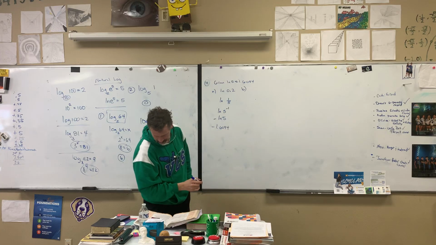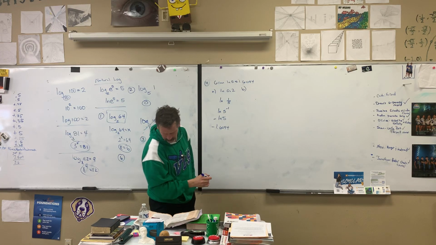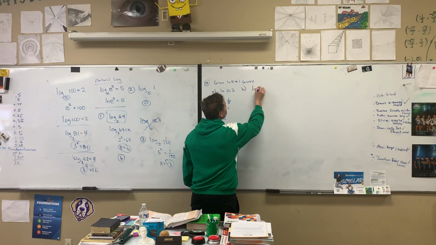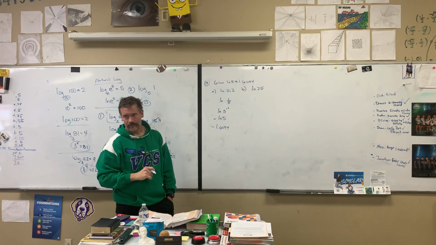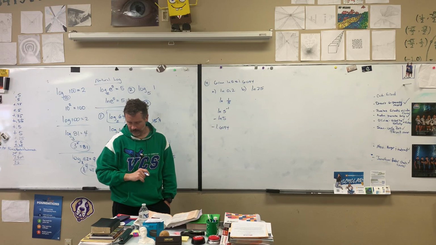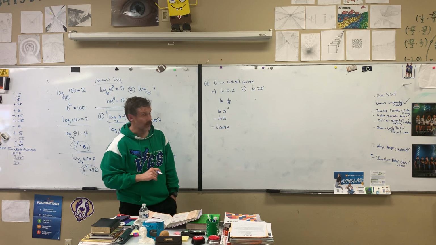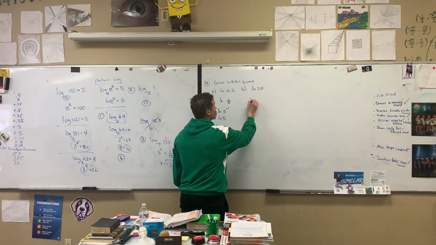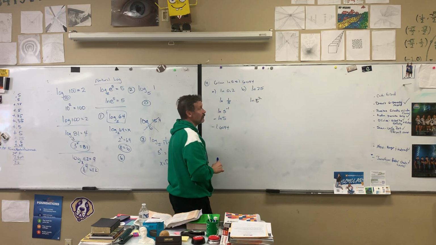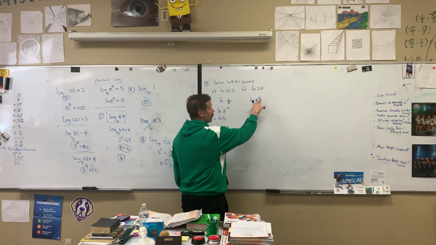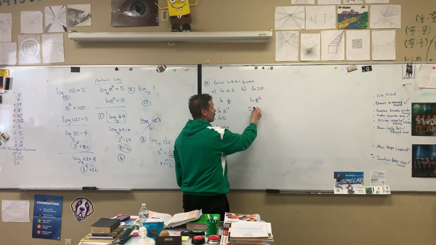B, let's do another one, ln of 25. So now we can appeal to the same rule. What's the ln of 25? Not 1.6 times 1.6, but it's ln of 5 squared. What can I do with the 2? Bring it out front. Yeah, the exponent can come out front.